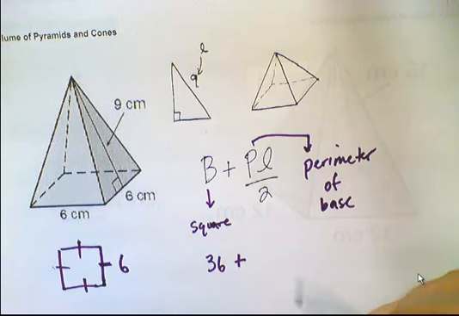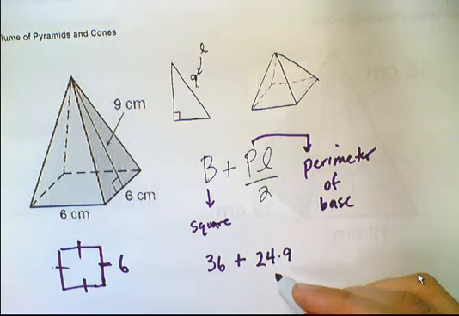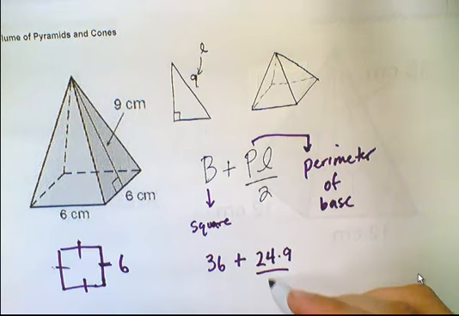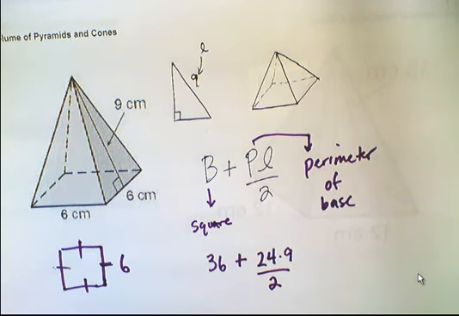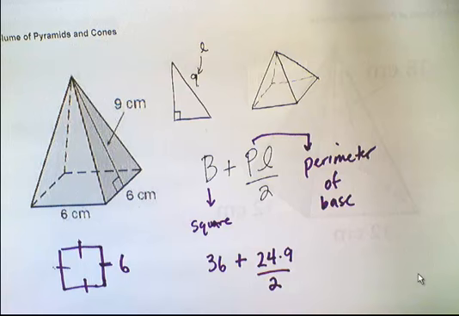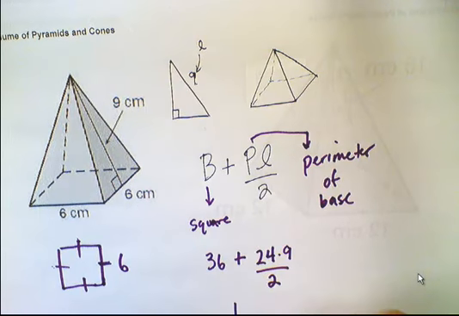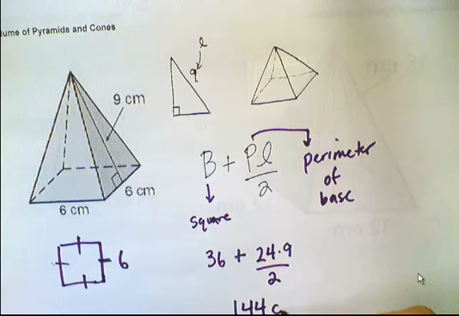That's going to give us 24, times the slant height of 9, and then we're going to divide it by 2. And our final answer here will be 144 centimeters squared.